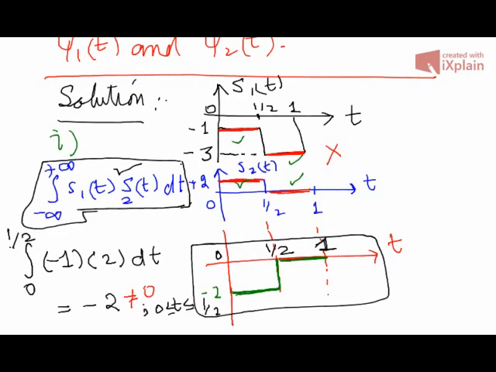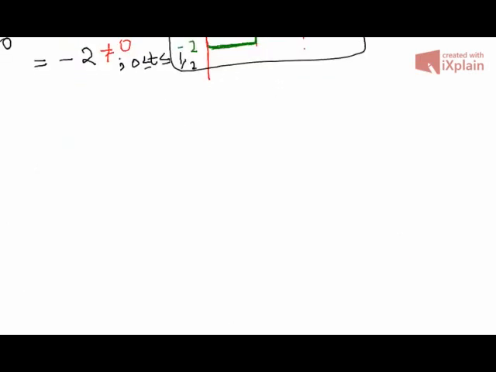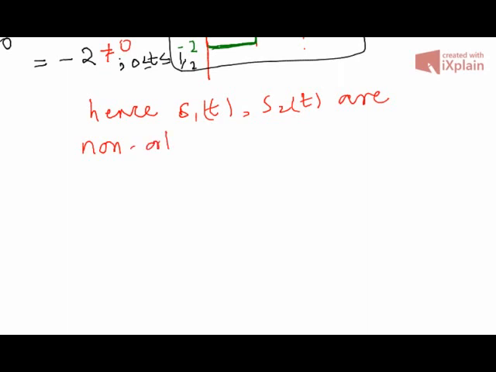Hence S1 of t and S2 of t are non-orthogonal, right? So these two waveforms are non-orthogonal.